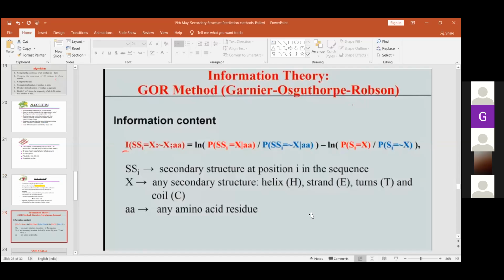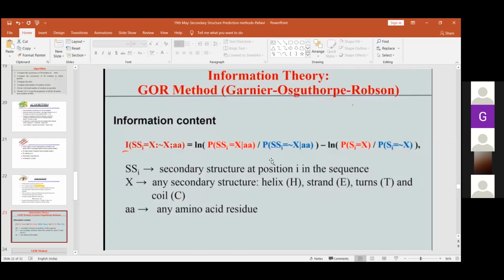So this is how we find out in the GOR method the information content for one amino acid. SSI: the probability of a residue at position I to form a secondary structure, divided by the probability of that residue at that position to not be in that conformation. इसमें आपको देखना पड़ेगा, दोनों probability लिए मैंने.